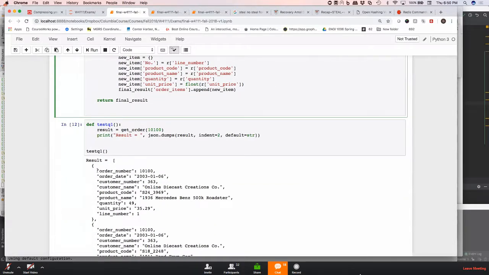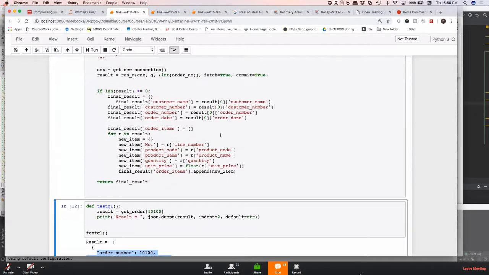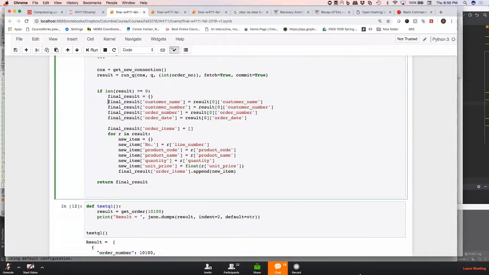I know that in the first answer, these are the 4 common things. So I just pull those out of the first one, and those are the things that go in the header. Then I'm going to have a list of all the other ones, so I go through those and put them in the list.